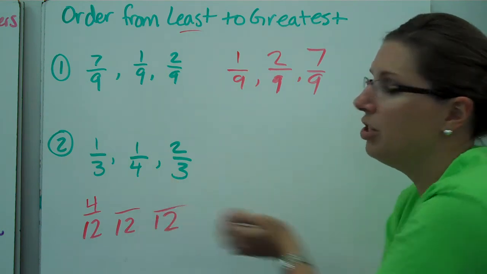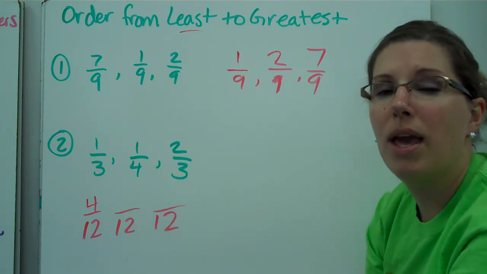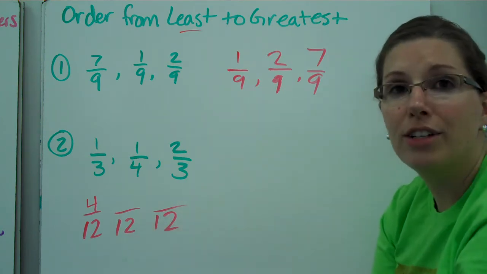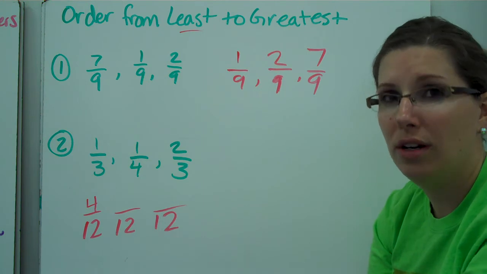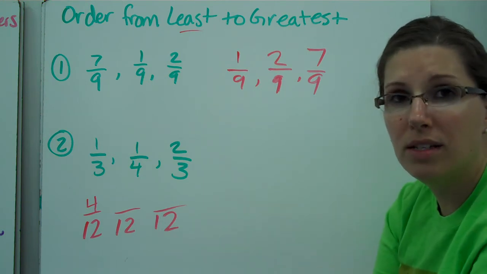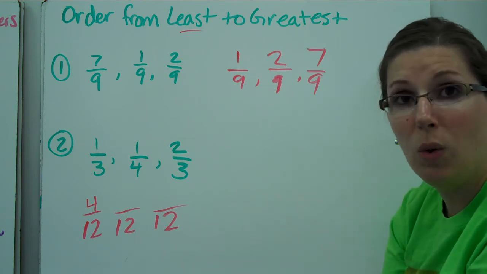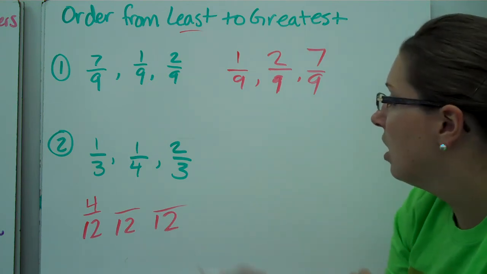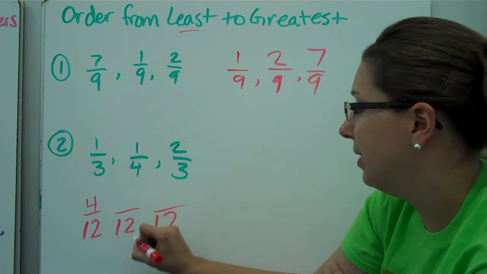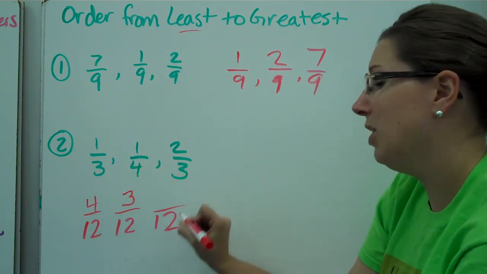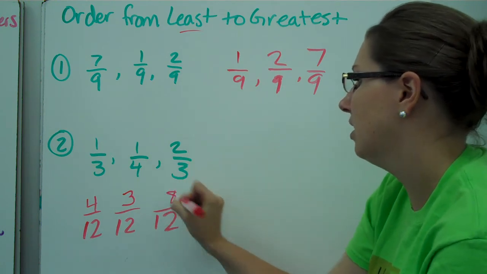Why don't you try these 2 out and see if you get the same answer I do. Once you've written equivalent fractions, then put your fractions in order from least to greatest. Pause the video now, and then when you're ready to see the answer, just push play and I'll walk you through it. So 4 goes into 12 3 times. 3 times 1 is 3. 3 goes into 12 4 times. 4 times 2 is 8.